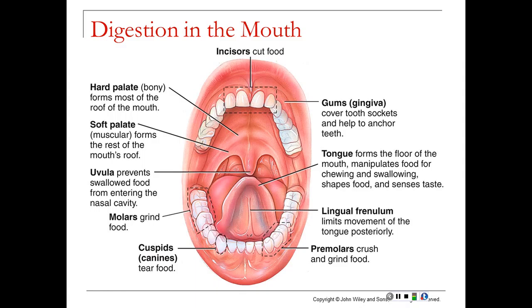You also have your gums, which cover the sockets of our teeth to help anchor our teeth in place, and then of course the tongue, which is going to manipulate the food and allow for the sense of taste. The tongue is actually attached to a structure called the lingual frenulum. This is going to limit movement of the tongue posteriorly.